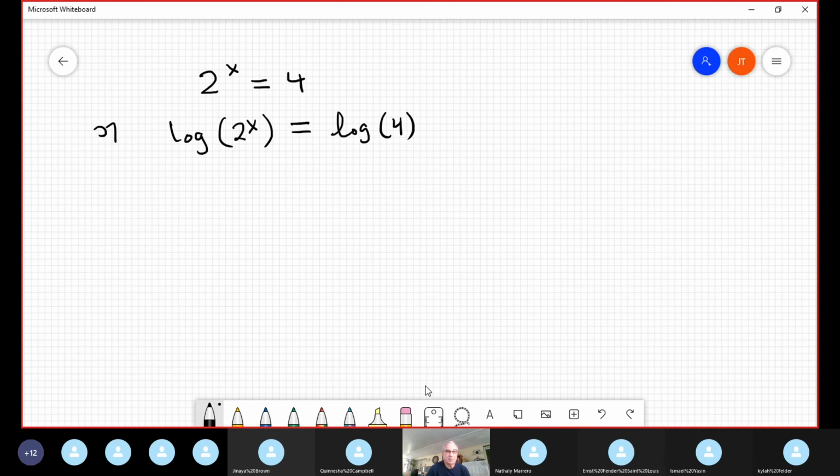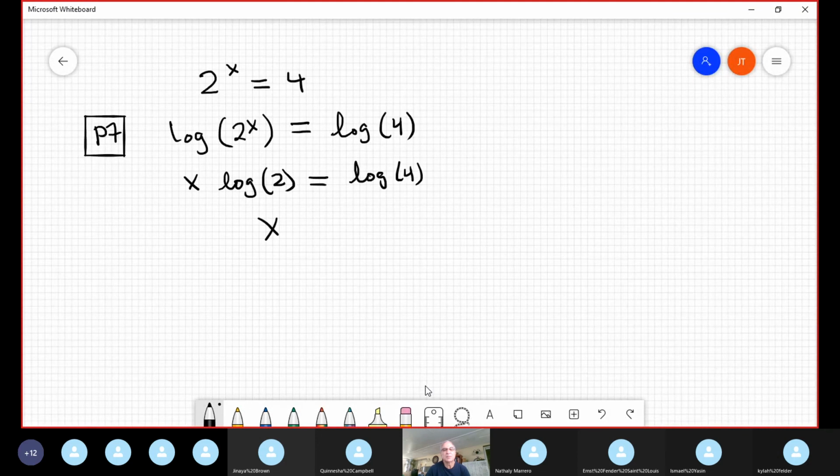You apply property 7 now. This exponent goes to the front. Immediately, you have, at this moment, a linear equation. So x is equal to LOG of 4 divided by LOG of 2.